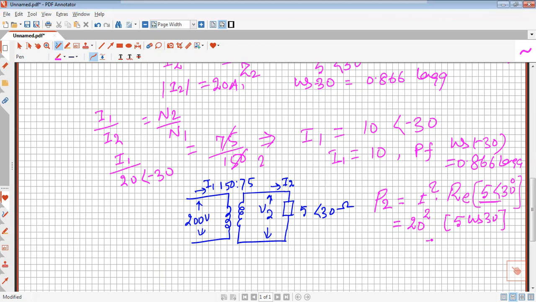After solving this, we will get its value as 1.732 kilowatt. So this is our value of the power on the secondary side.